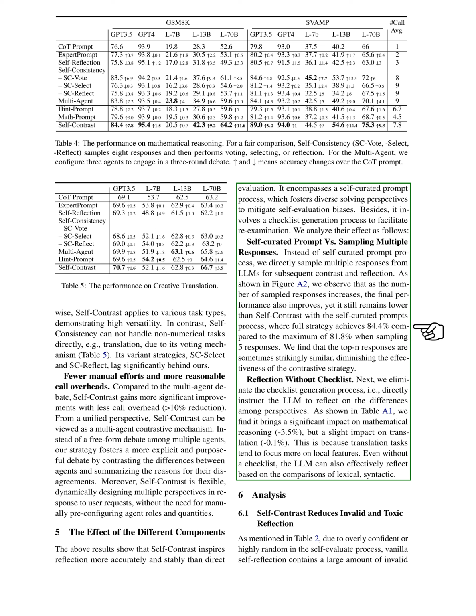We also find that removing the checklist generation process has a significant impact on mathematical reasoning tasks, but only a slight impact on translation tasks. This is because translation tasks tend to focus more on local features, so the LLM can effectively reflect based on comparisons of lexical and syntactic features, even without a checklist. Finally, we find that self-contrast reduces the occurrence of invalid and toxic reflections.